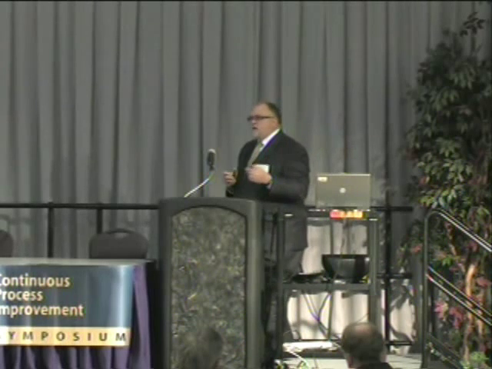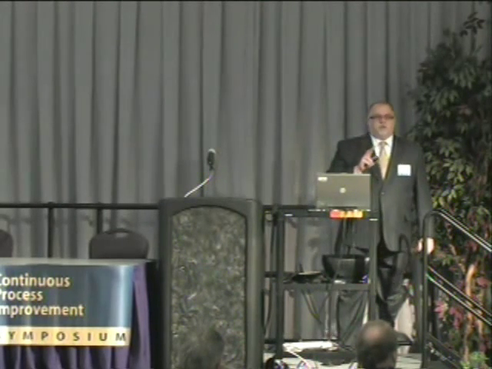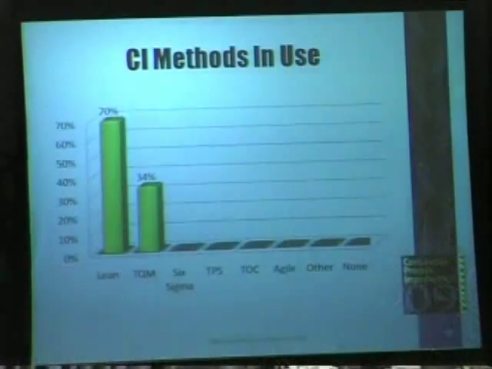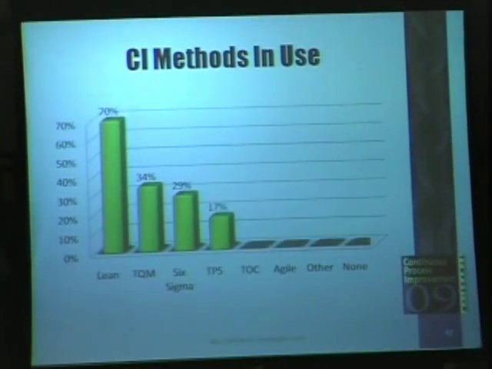Now, in 2007, Industry Week did a survey of plants in the U.S., and the question was, what continuous improvement tools are you using? 70% of the plants that reported to Industry Week said that they were using Lean. 34% TQM, 29% Six Sigma, 17% TPS, 14%, and so on.